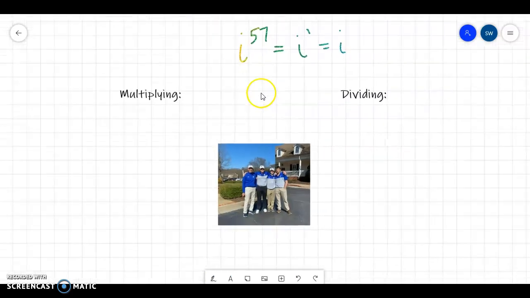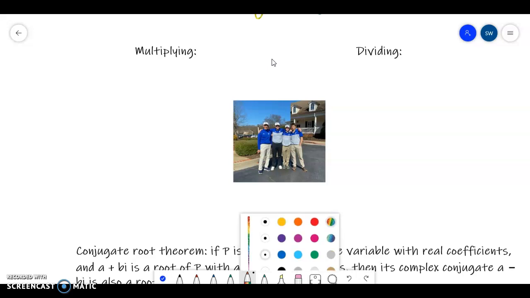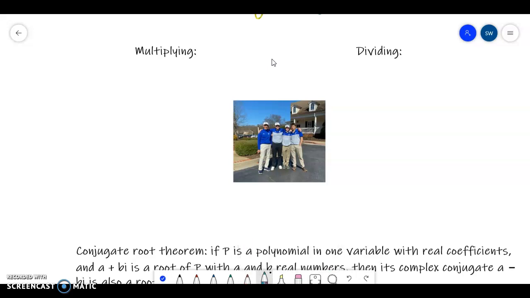Let's remember how to multiply. So if it was 2 plus 3i times -1, I don't know, plus 4i, who cares?